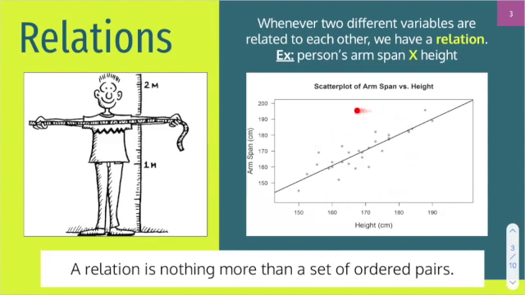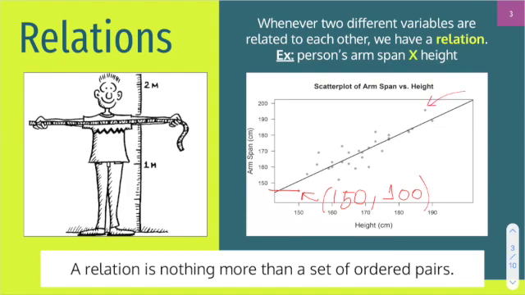So if you take a look over here at our graph, you're going to see that each person that we measured is going to have an ordered pair. This represents a relation. So this person has a height of 150 centimeters and, I don't know, an arm span of about 100 centimeters maybe.